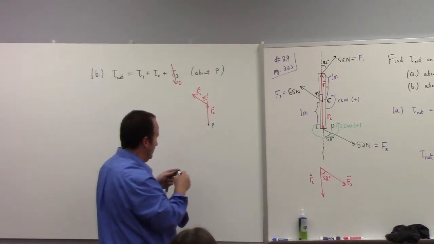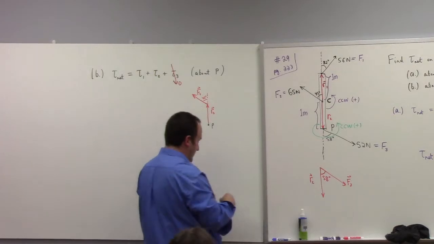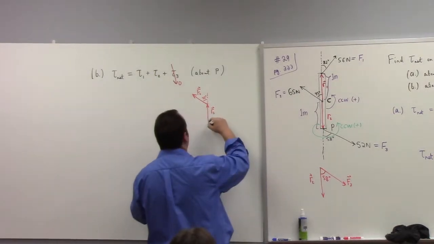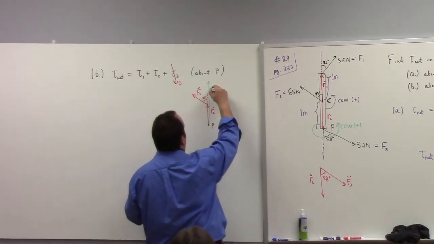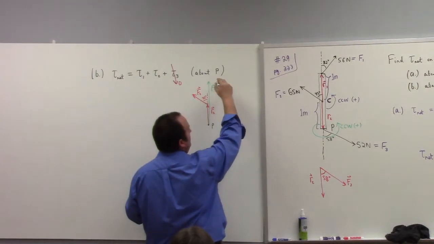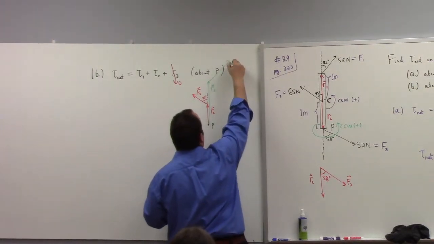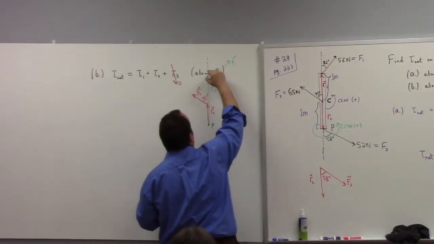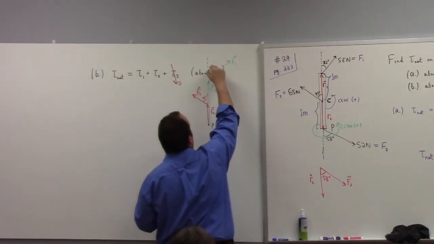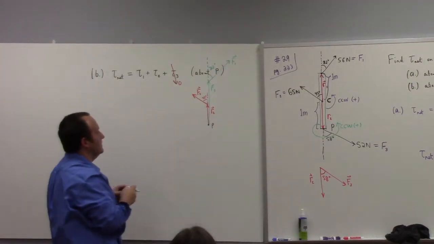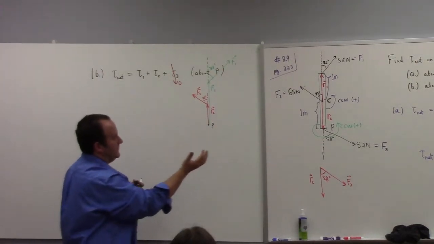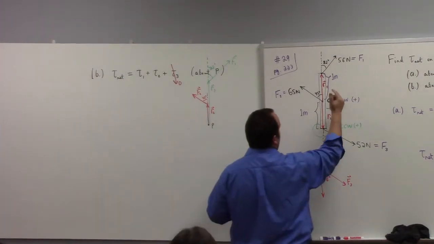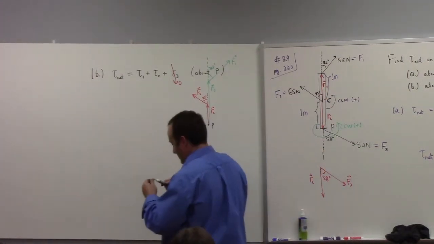And what about F3? Looks like we still got the right kind of angle. No funny business there. But on the other hand, of course, this time that one's negative.